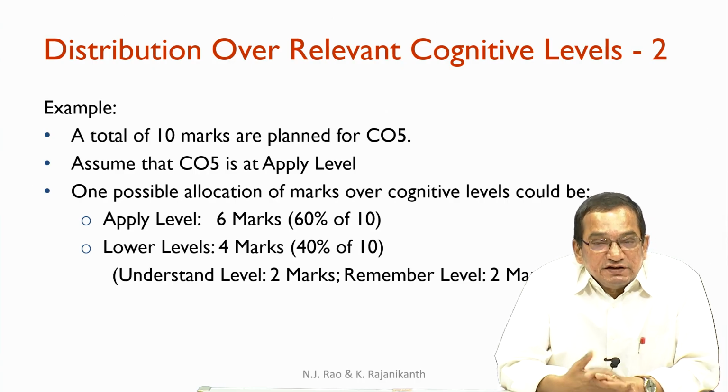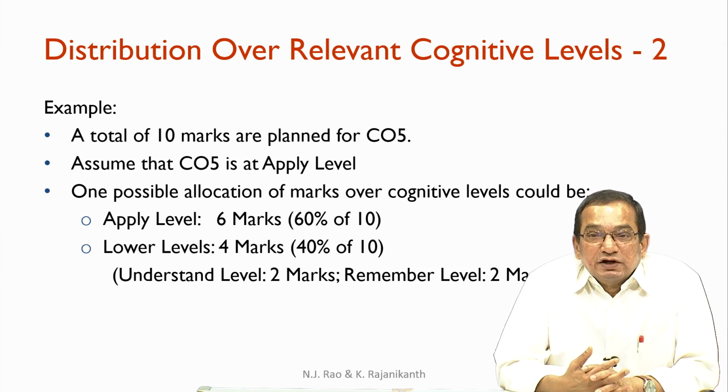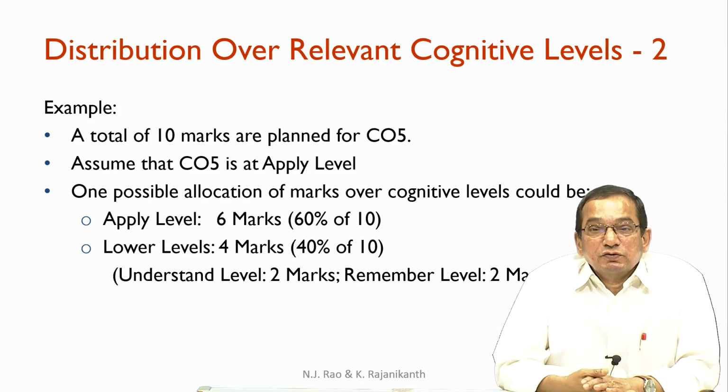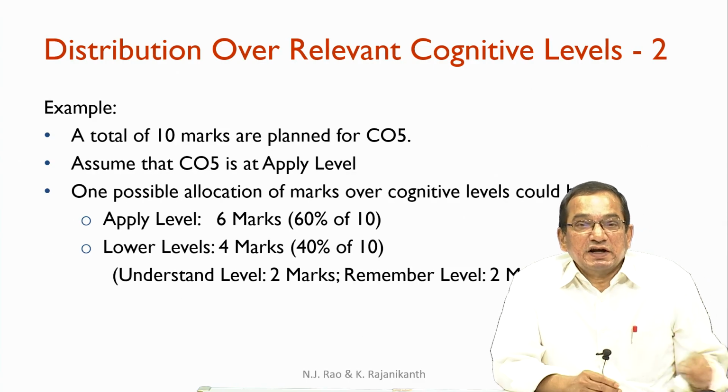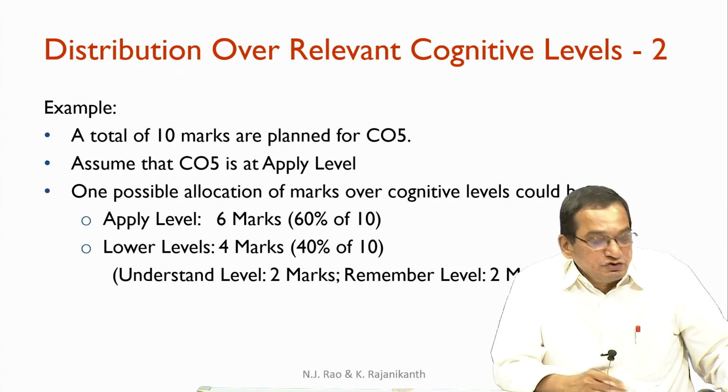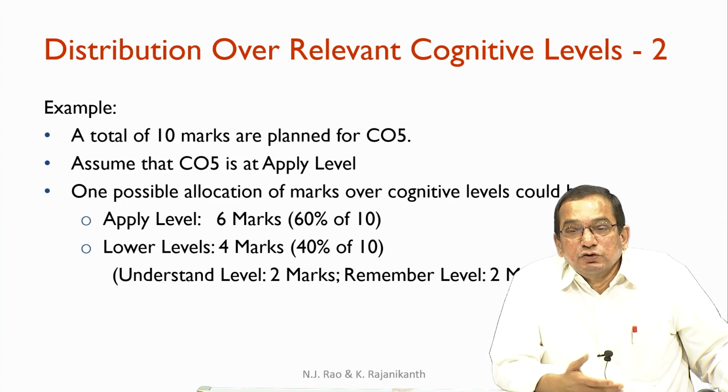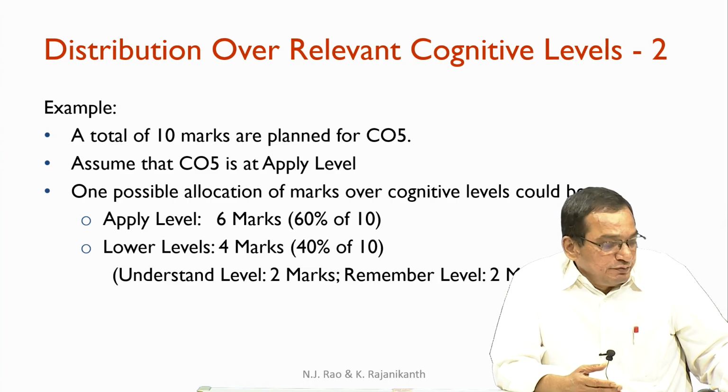So, though it does look like a fair amount of detail, it is necessary to ensure that all the assessment items address all the COs at relevant cognitive levels. So, this kind of planning is almost absolutely necessary to ensure good quality assessment.